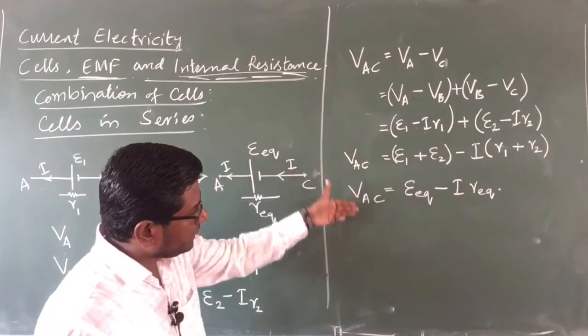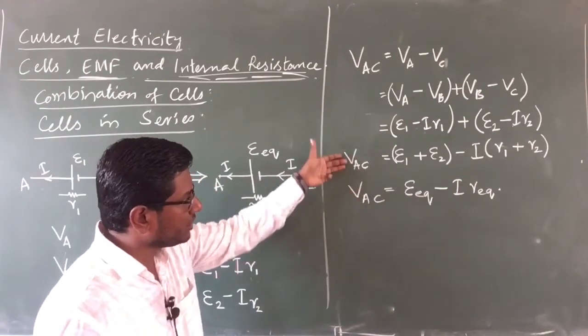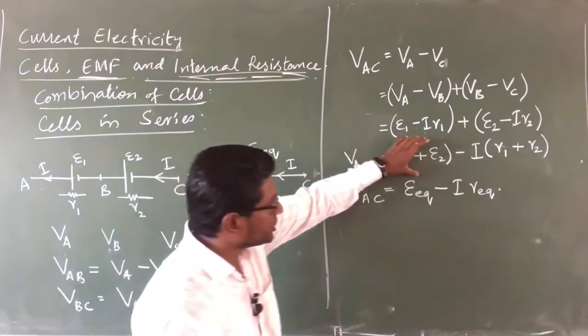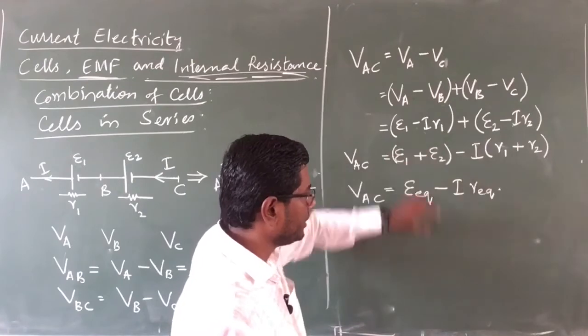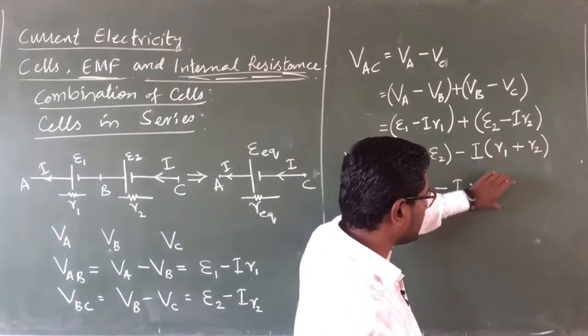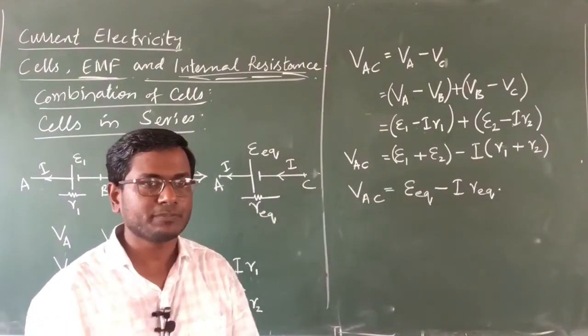Now, if we look into these two equations, there is a voltage or potential term on the left hand side. The first term on both the equations is going to be the EMF, and the second term represents the internal resistances. So I can equate the respective terms.